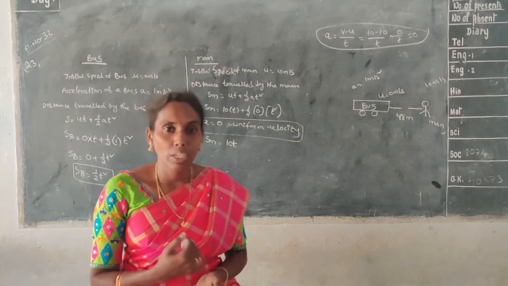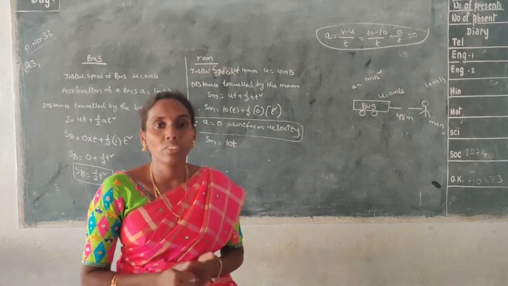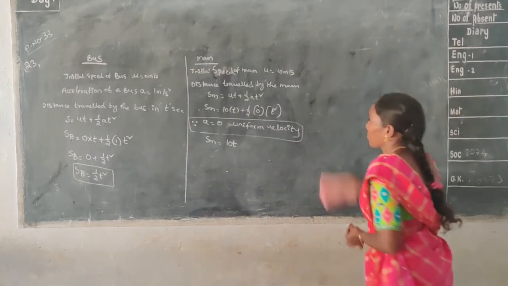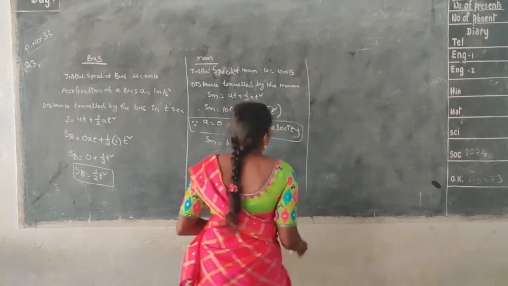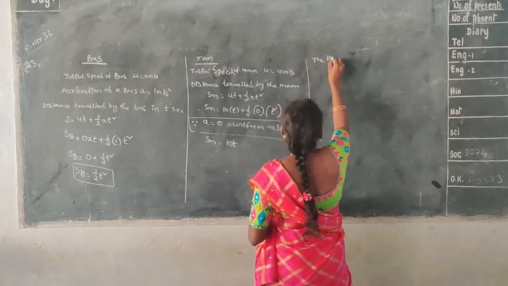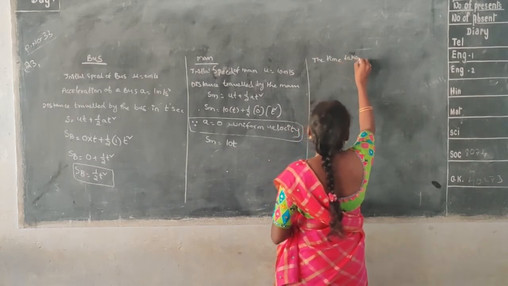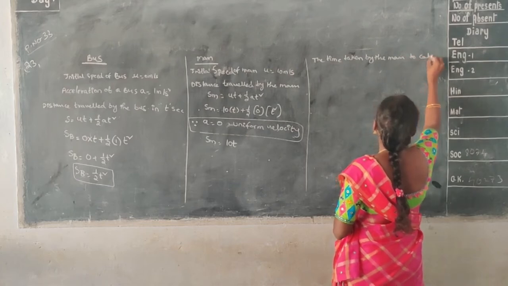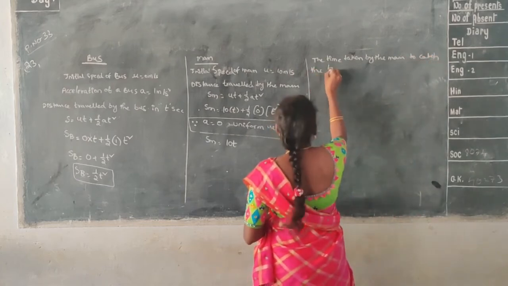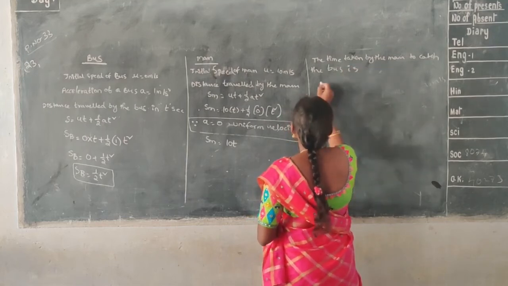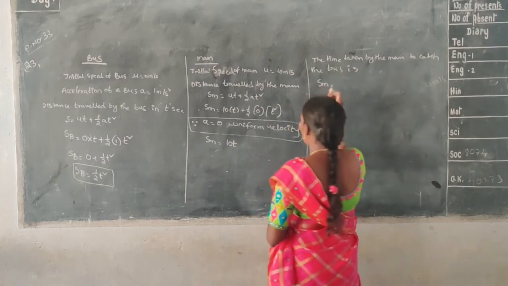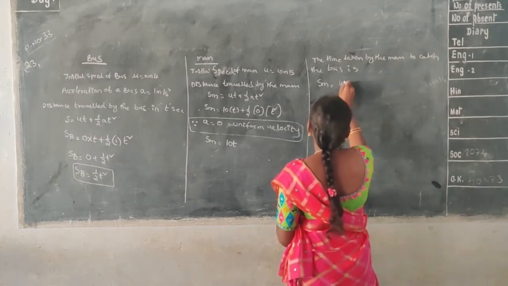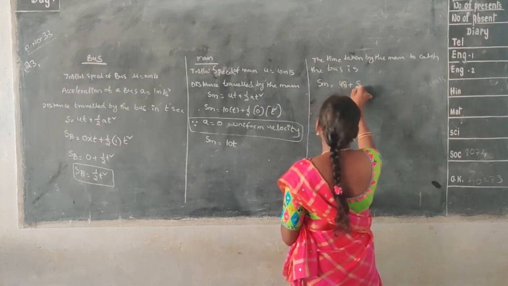The distance travelled by the man to catch the bus, how much time should be taken? The time taken by the man to catch the bus: the distance travelled by the man is equal to 48 plus distance travelled by the bus.